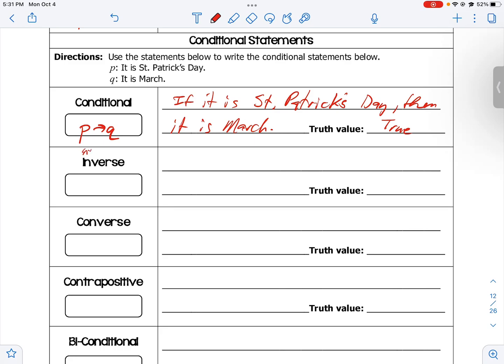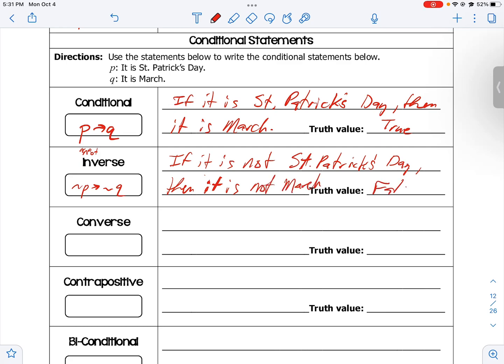Now the inverse. Inverse is not. Okay, so I think of "in" as inverse, not. So not P, then not Q. So if it is not St. Patrick's Day, then it looks like if it is not March.